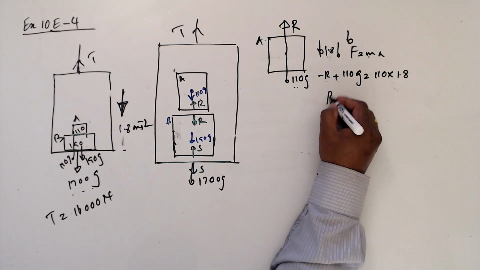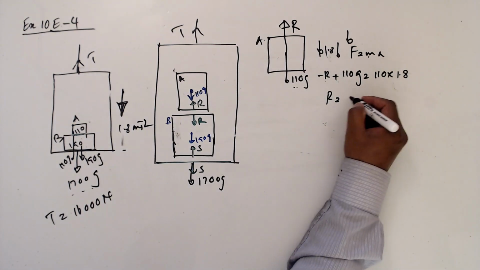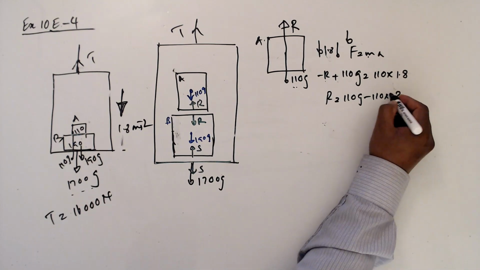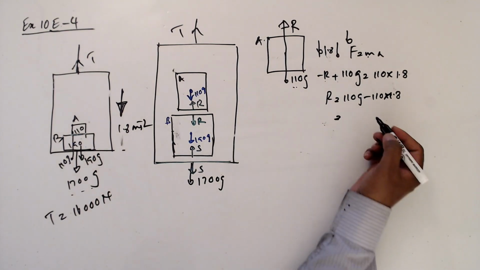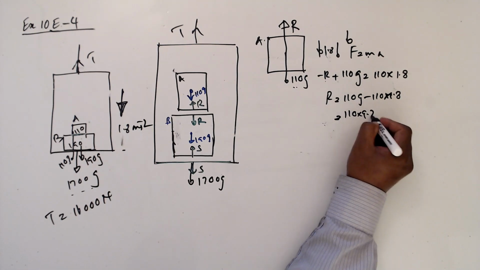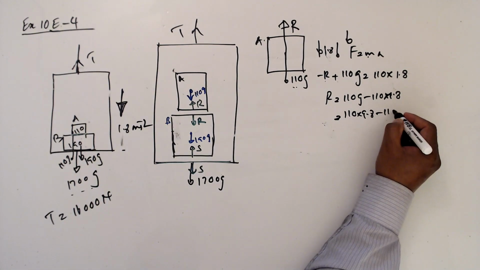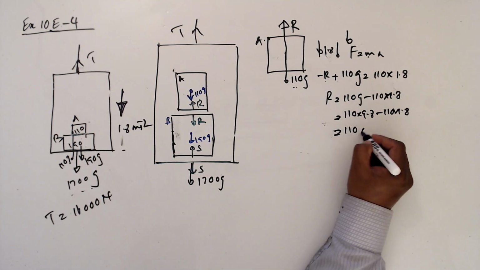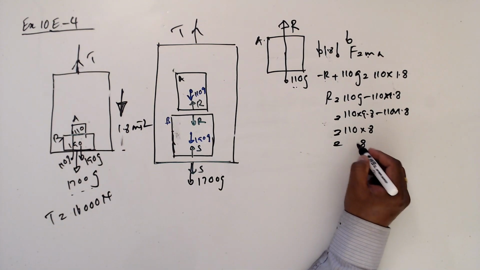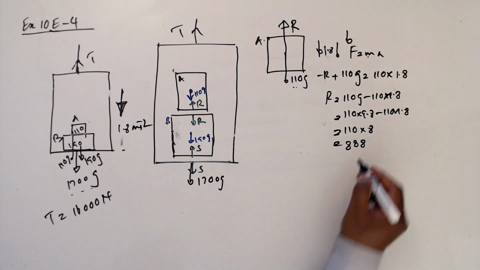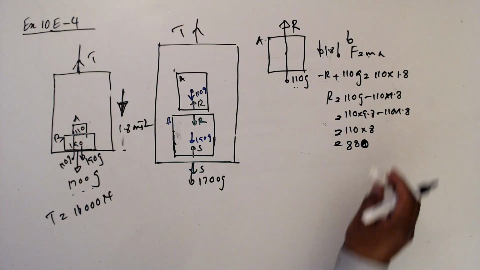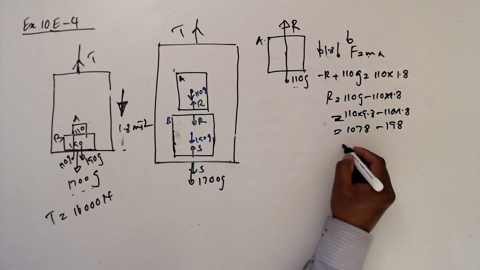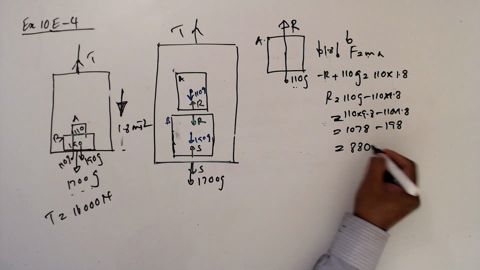So R is 110 g minus 110 times 1.8, which is 110 times 9.8 minus 110 times 1.8, so 110 times 8. So this is 880 Newton.